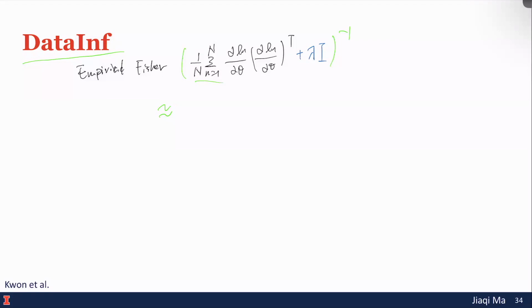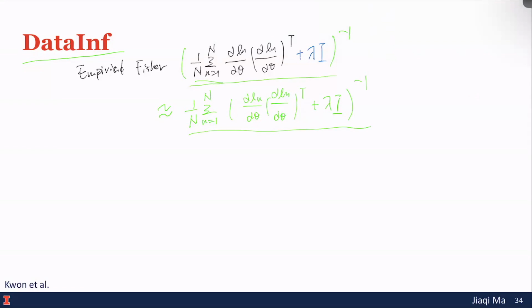So they are doing 1 over n, summation n from 1 to n, of the inverse of partial ln partial theta, partial ln partial theta transpose, plus lambda I. So they use this term to approximate the original inversion.